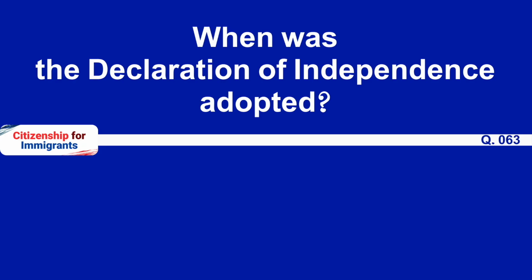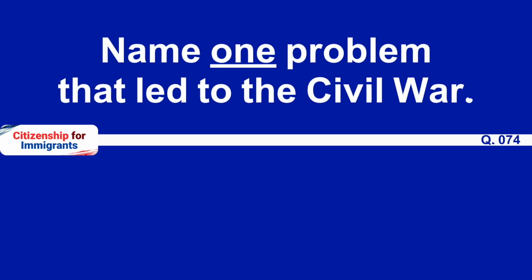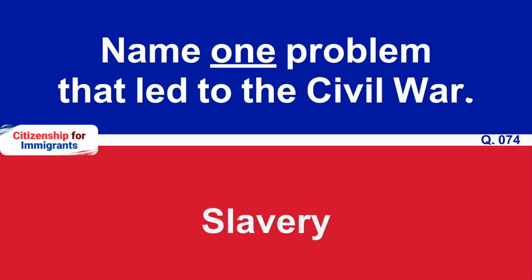When was the Declaration of Independence adopted? July 4, 1776. Name one problem that led to the Civil War. Slavery.